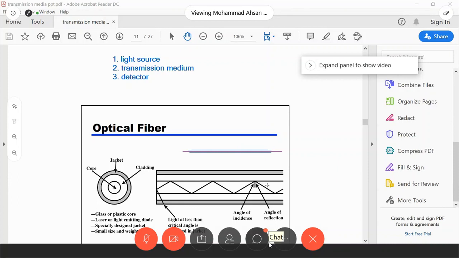So light can propagate in a straight line without bouncing at the edges. The fiber is so thin. And if this type of fiber is used, we call this single mode fiber. This one is the example of single mode fiber.